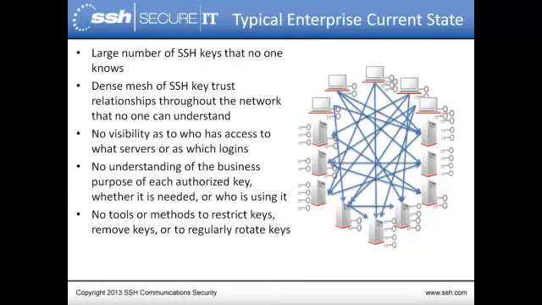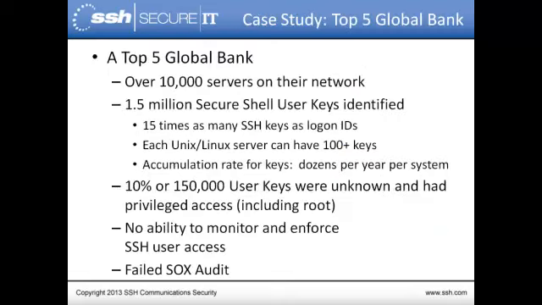And a lack of records around the business purpose of each authorized key, whether it's needed or who is using it. And a lack of tools or methods to restrict key use, remove keys, and regularly rotate keys. As Greg mentioned earlier, these are all effectively identities, and just like a username and password, the standard governance practices of updating them, making sure that they're still needed, etc., need to be applied to secure shell keys as they are to user logins.